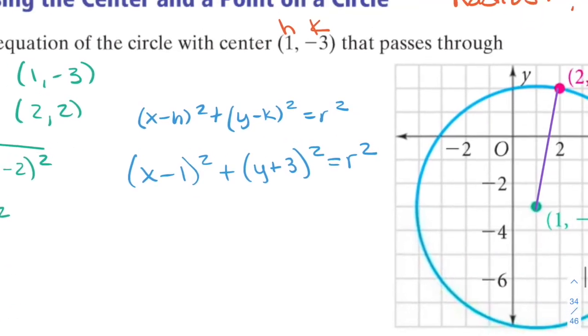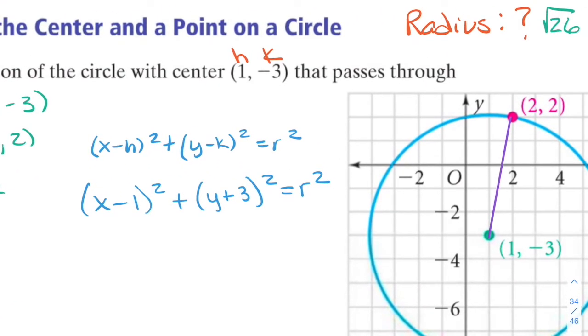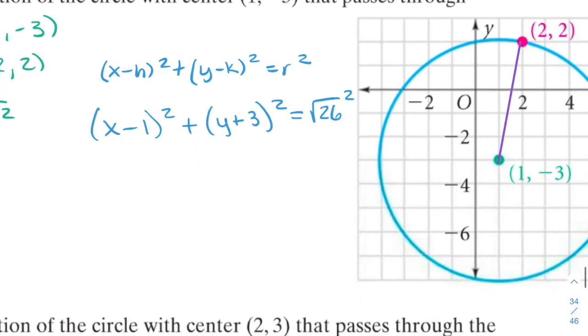Well, I'm sorry, r squared, which is the square root of 26 squared. So (x minus 1) squared plus (y plus 3) squared equals 26 total.